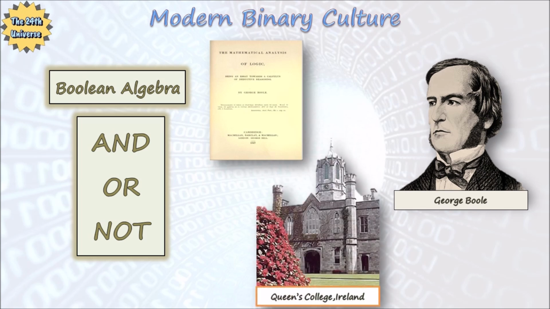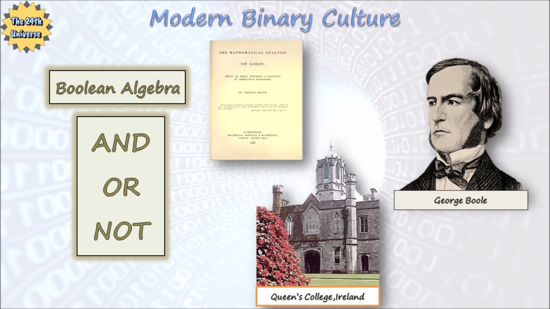He worked in the fields of differential equations and algebraic logic and is best known as the author of The Laws of Thought, which contains Boolean algebra. Boole's system was based on a binary, a yes-no, on-off approach that consisted of the three most basic operations: and, or, and not.